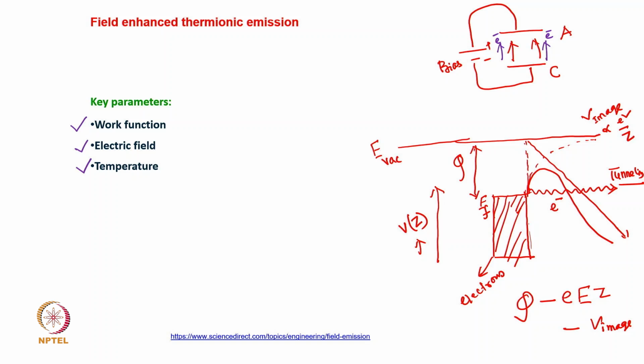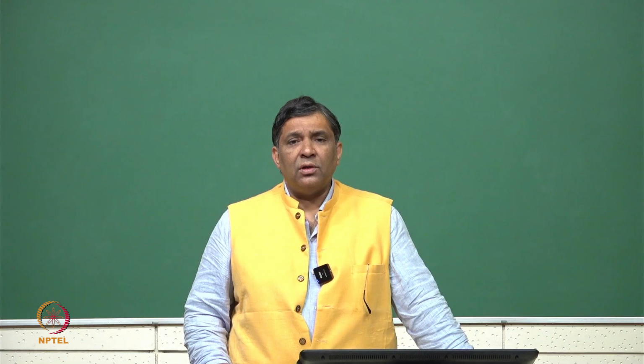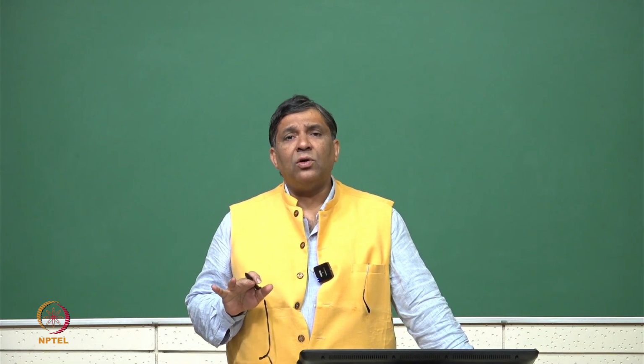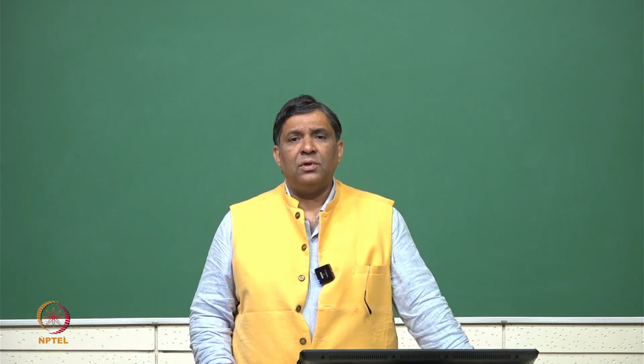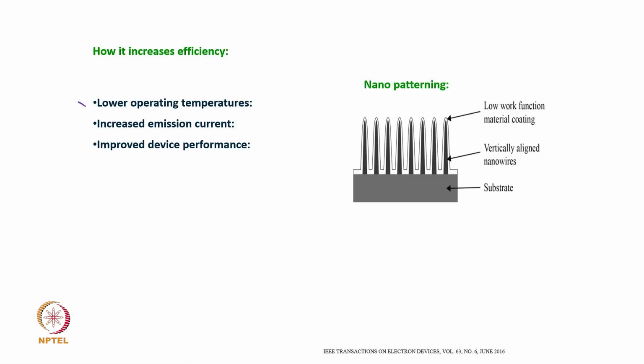Electric field is now added there, and we have an enhanced process or an additional process which is enhancing the electron emission. Okay. And that actually increases the overall efficiency of the thermionic generator, or the device, because it lowers the operating temperature.